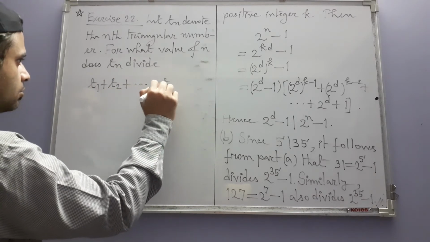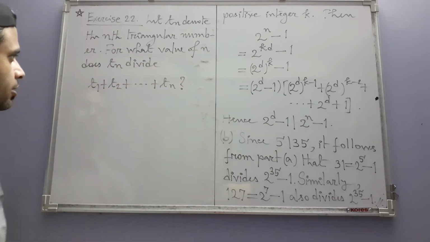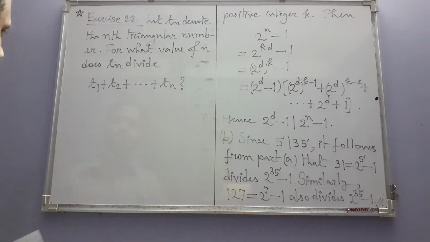The sum of the first n triangular numbers. We have to find those values of n for which Tn would divide this sum.